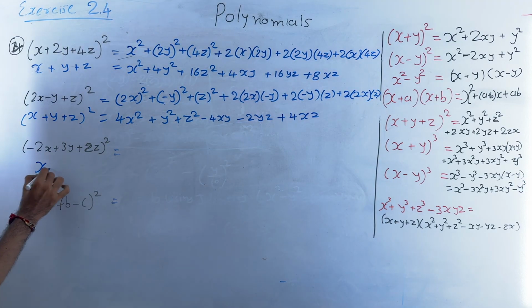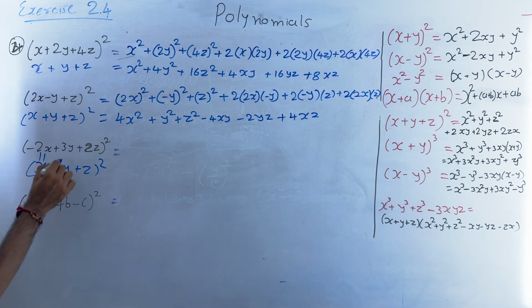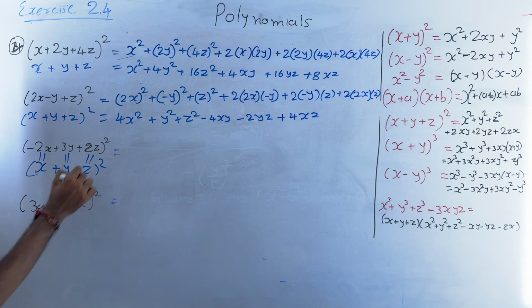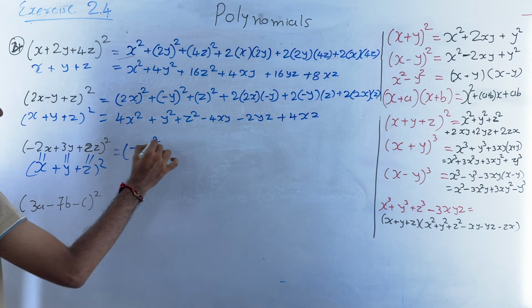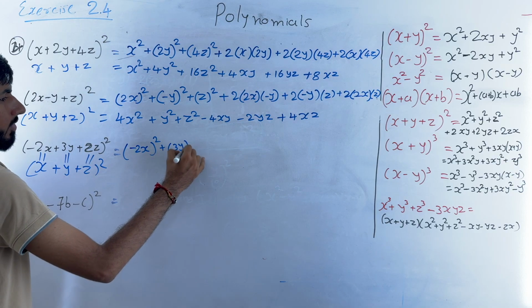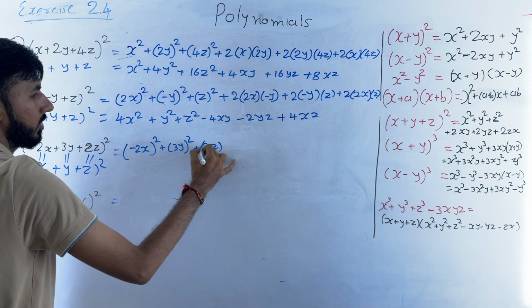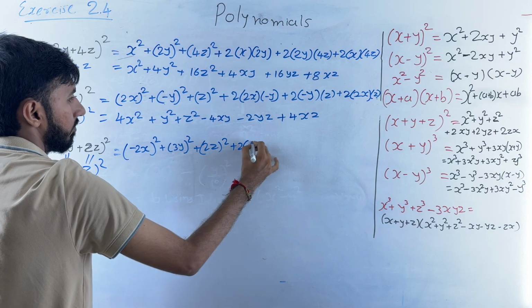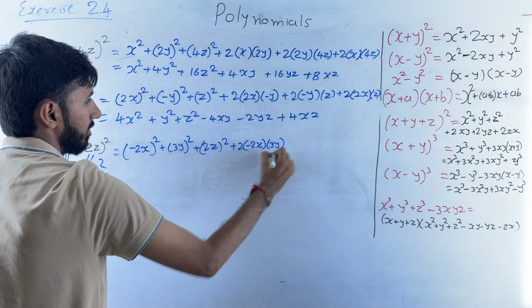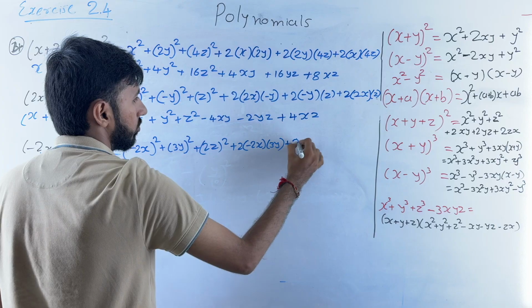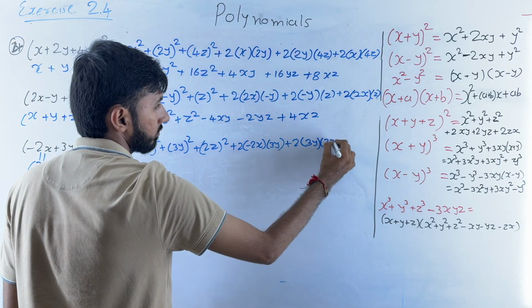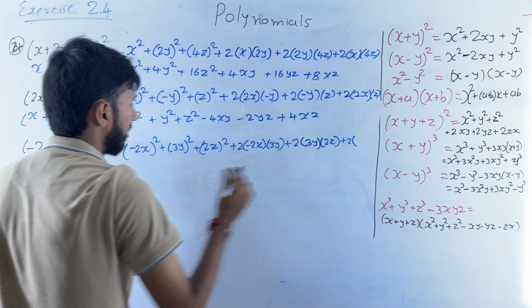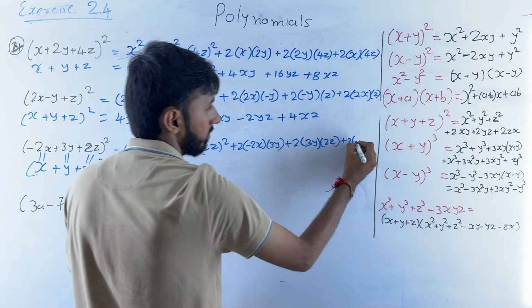Now third one, compare it with x plus y plus z whole square. Your x is equal to minus 2x, y is equal to plus 3y, z is equal to plus 2z. So your answer will be minus 2x whole square plus 3y whole square plus 2z whole square plus 2 in bracket minus 2x multiply 3y, right? Plus 2 in bracket 3y multiply 2z plus 2 multiply minus 2x multiply 2z.